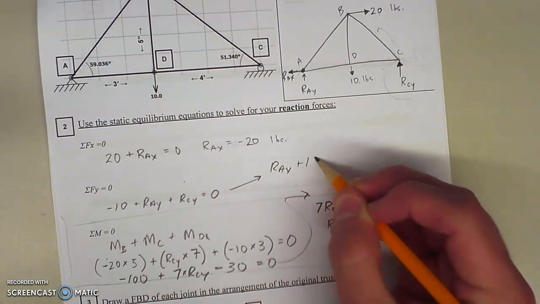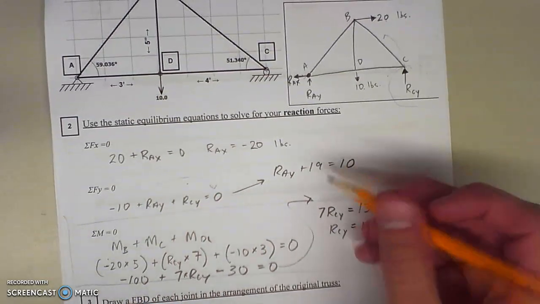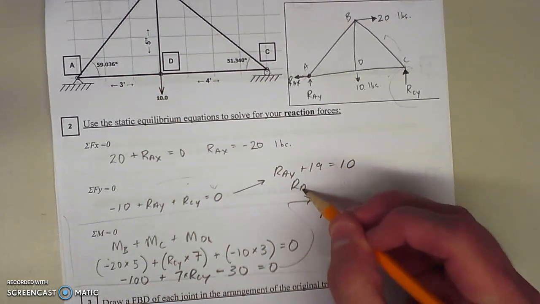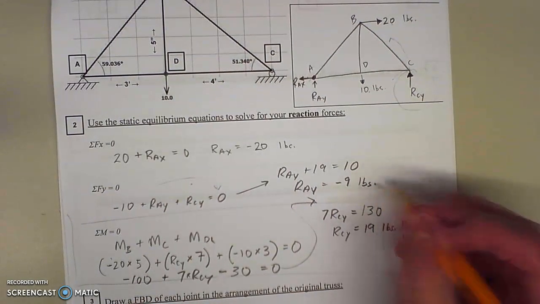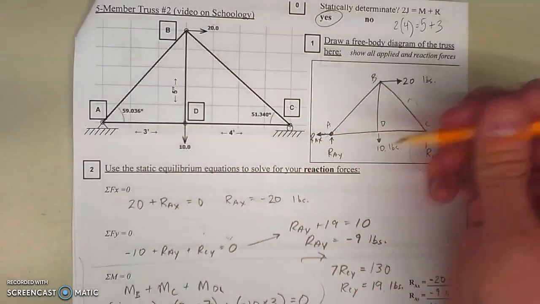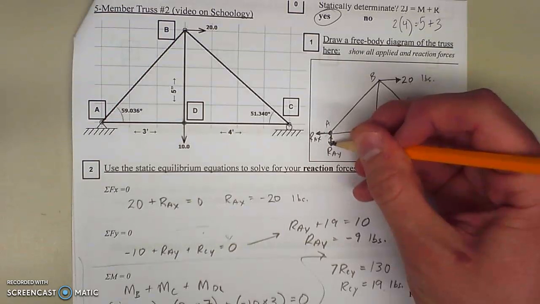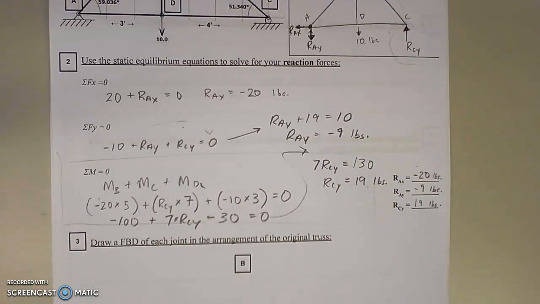RAY plus 19 equals 10. Just adding that 10 to the other side. And looks like RAY is going to be negative 9 pounds. So that is going to point downwards like so. All right, there are your reaction forces. And yes, we did a bit of rounding.